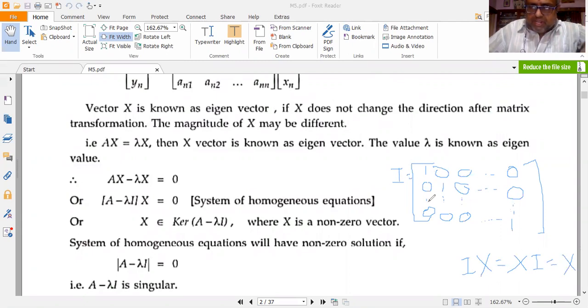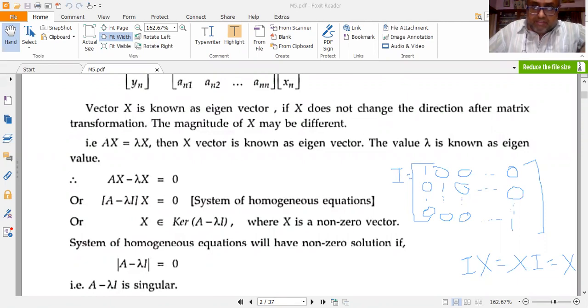So multiply any matrix with the identity matrix: I into x is equal to x into I is equal to x itself. So I get the same element. So that's why, while taking the common factor here, since scalar is here, this I comes here.